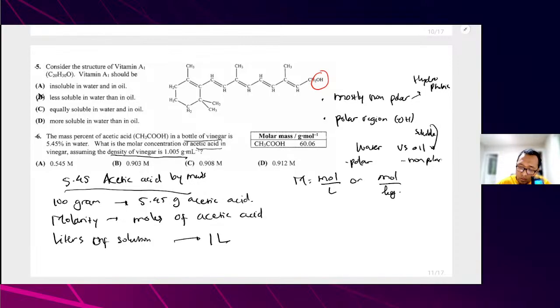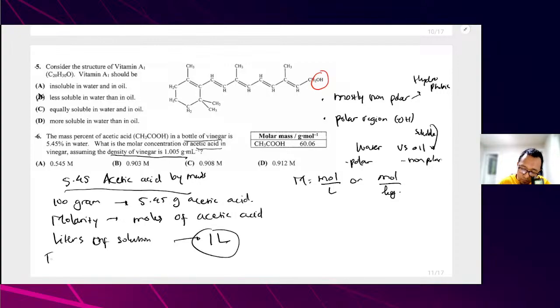So assume we have 1000 milliliter; using 1 liter simplifies the math. Now find the total mass of 1 liter of solution. How to do that is pretty simple.